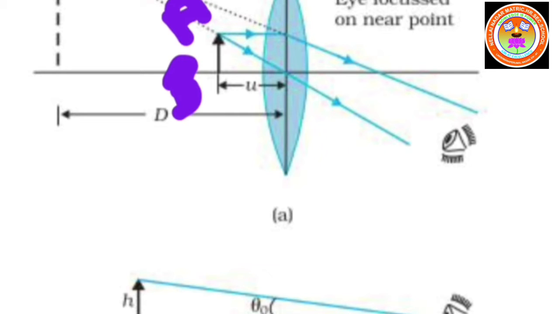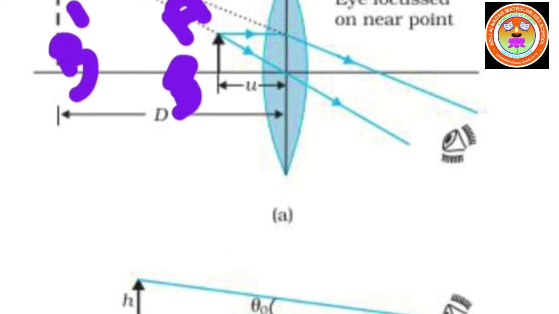f is the focal length of the convex lens, and the observer's eye is placed just behind the lens. So notice the eye point. As per this position, the convex lens produces an erect, virtual and enlarged image, which we can consider as A dash B dash.